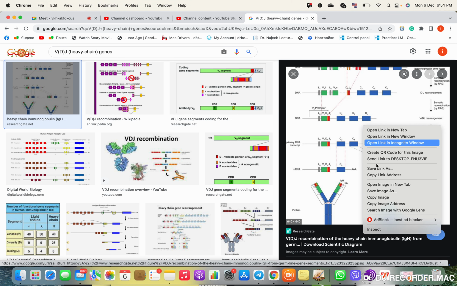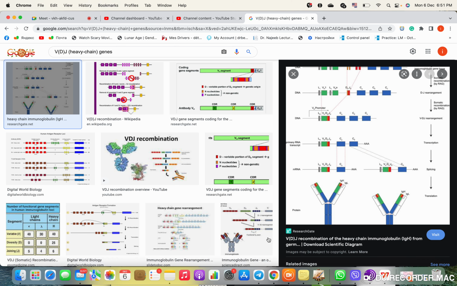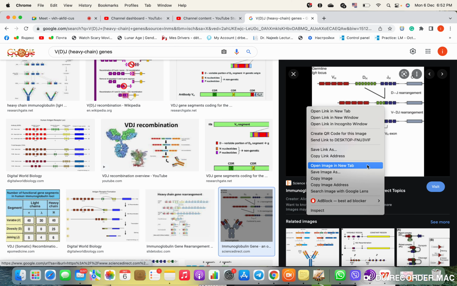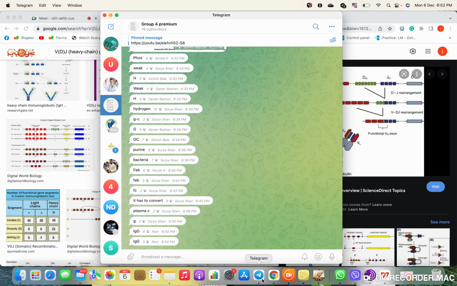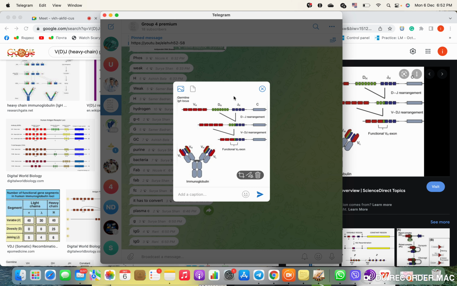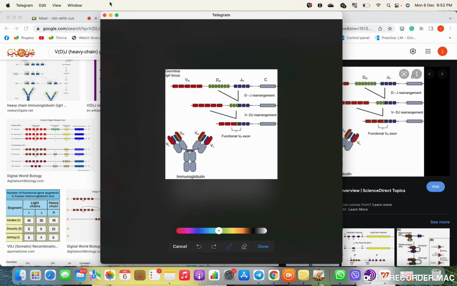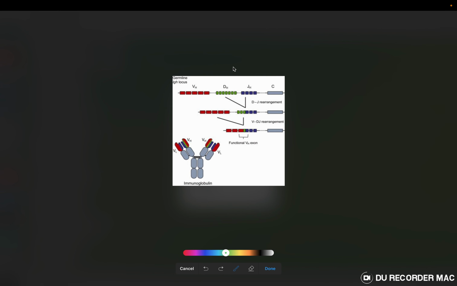Okay, so I want you to notice the following. If we speak about this picture, you can see that here you have this locus, which is located in your genome, okay? It has V, D, and J. So we have something called VDJ recombination.